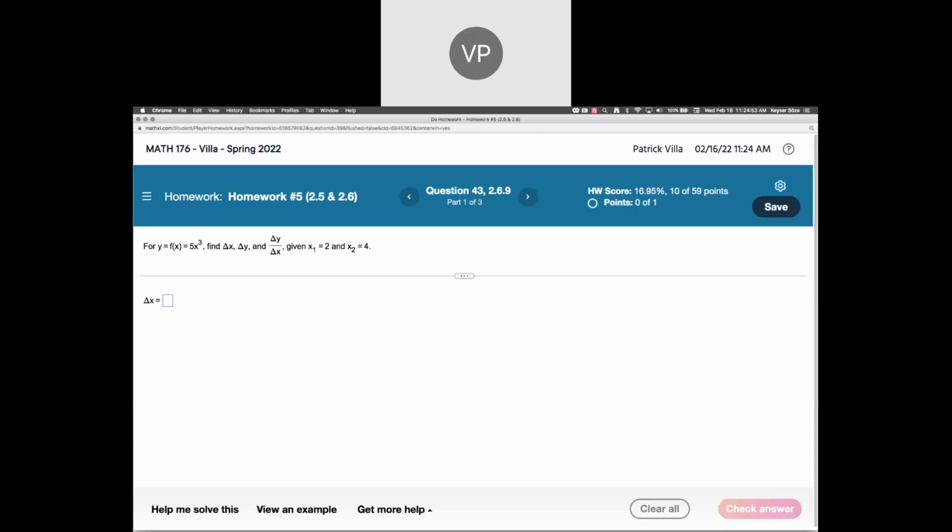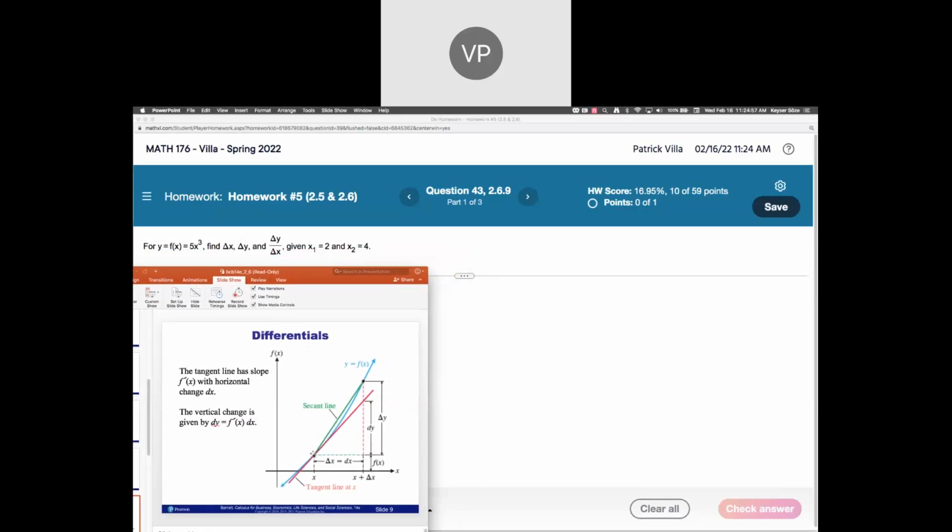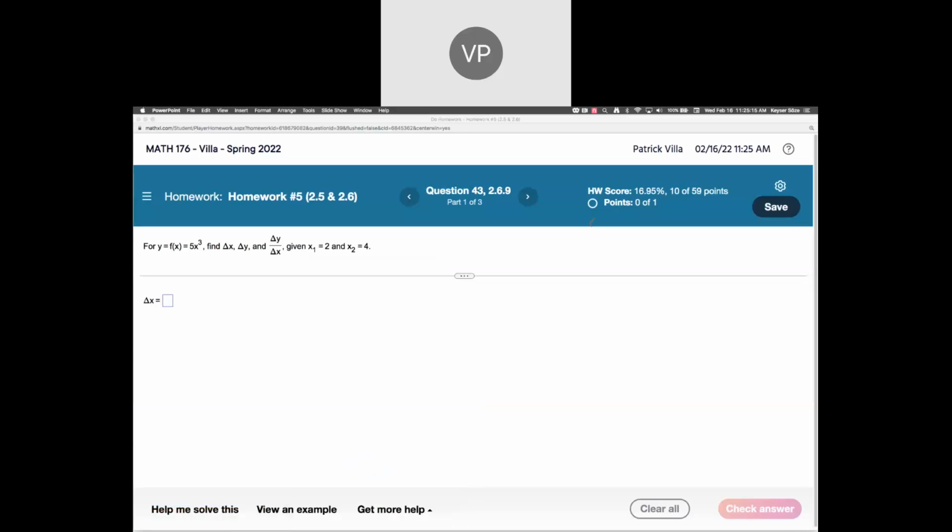So I'm going to go back and give you my little cheat sheet. Remember this? Delta x and dx are the same thing. They're the gap between the two x values. This first x value is x1, that one is x2, and the difference between them, of course, is delta x. That's what they're having us find in this first problem.